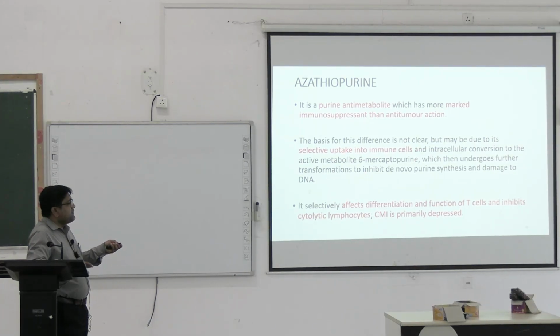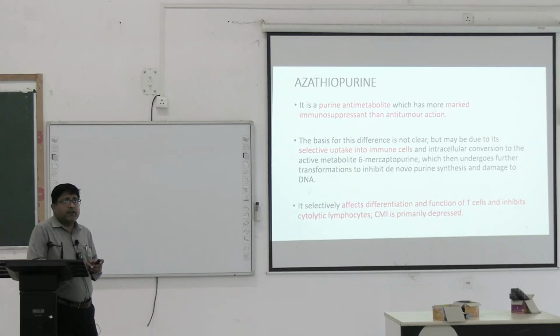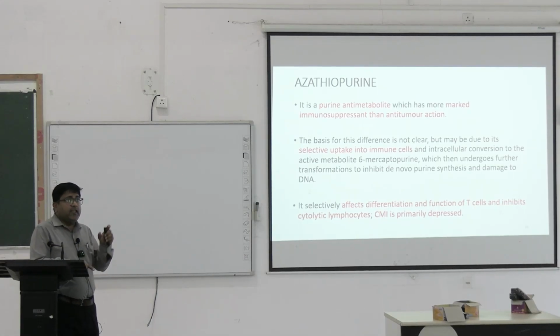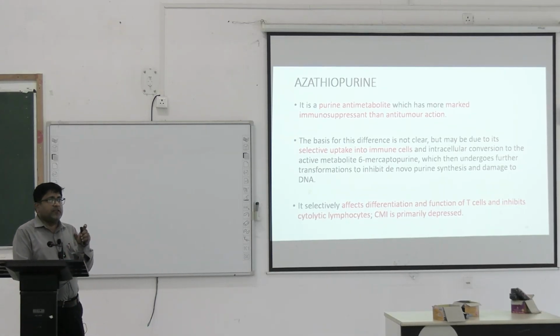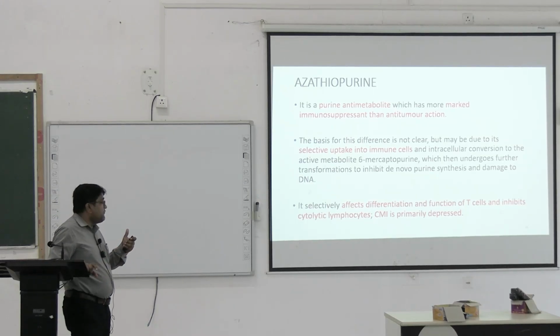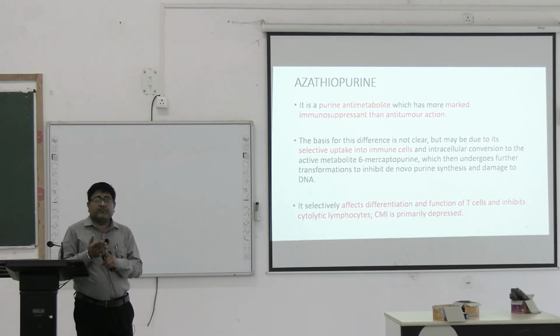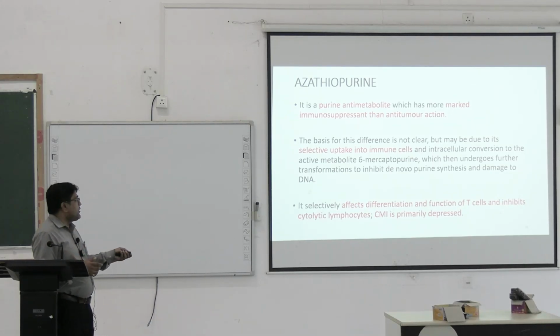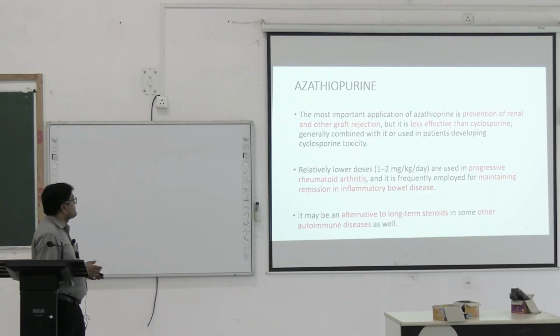Basically, it's a prodrug that is converted to 6-mercaptopurine intracellularly, which then undergoes further transformation to inhibit the de novo purine synthesis that has to be incorporated into DNA. It selectively affects differentiation and function of T cells and inhibits cytolytic lymphocytes. So, they are more cell-mediated immunity inhibitors, not the humoral immunity inhibitor.